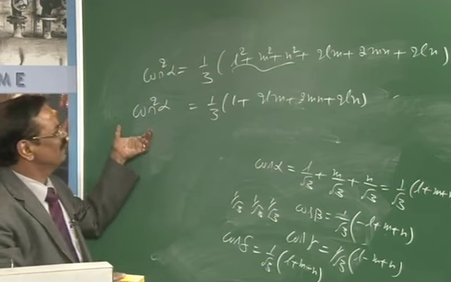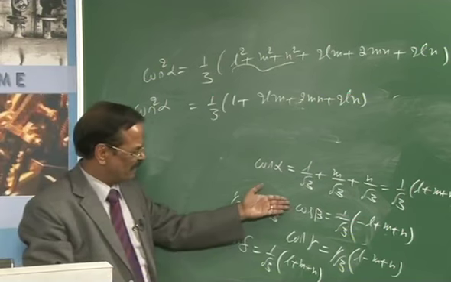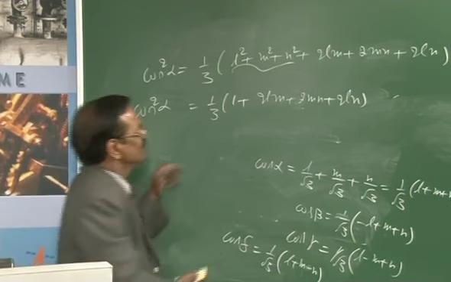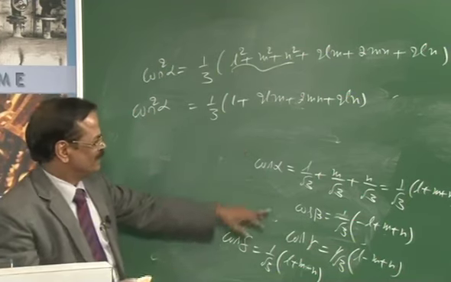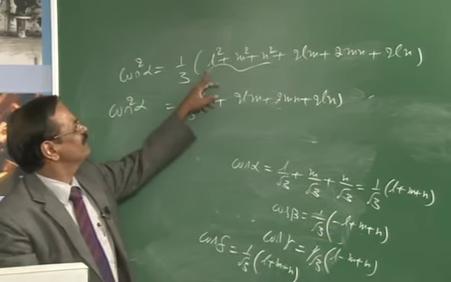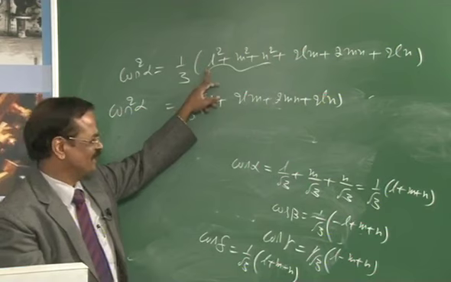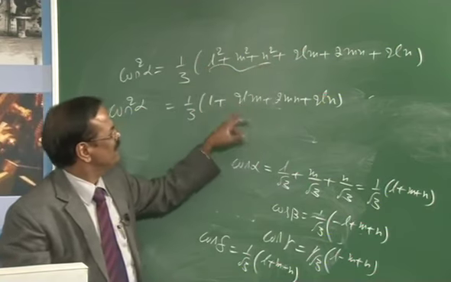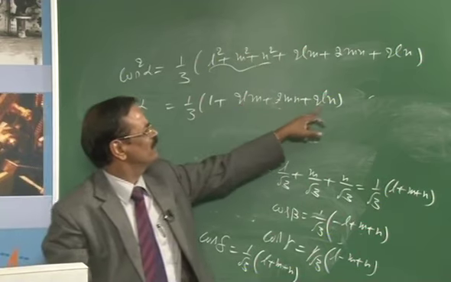Once you know cos squared alpha, you are able to write cos squared beta, cos squared gamma, cos squared delta directly, because in cos beta, L is negative. So, when you square, minus L square is plus only. This will not change, it remains same. Wherever you find L, you replace it by minus.